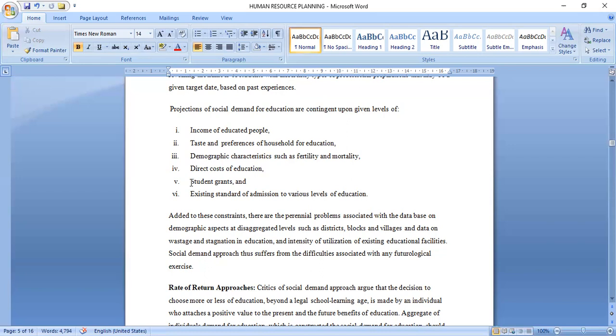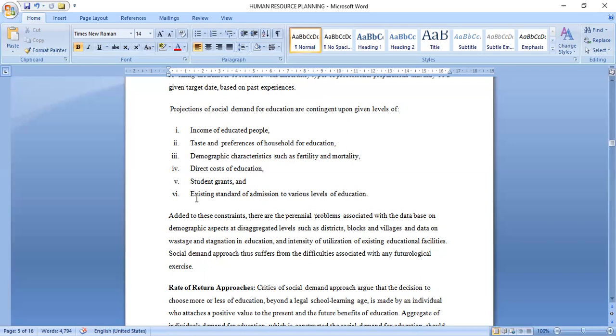Of course, if there are opportunities of having these student grants, then the provision of student grants will increase opportunities for education, and will increase the number of skilled workers, the number of educated people in the society, which will ease or facilitate the human resource planning in terms of getting the required manpower with the relevant skills that are needed by these organizations.